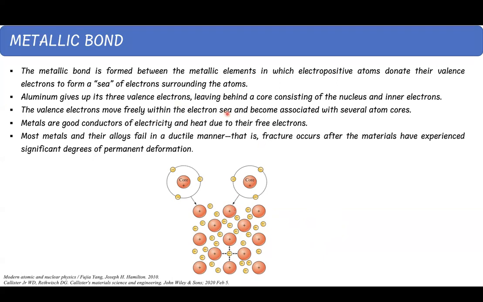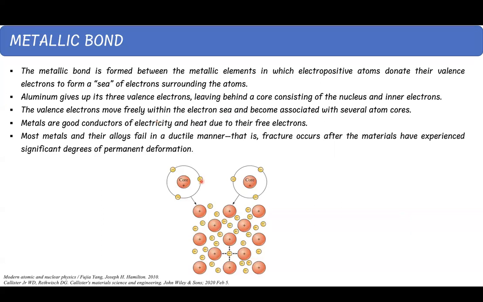Metallic bonds form between metallic elements, in which the atoms become electropositive because all the atoms of these elements are willing to give electrons to all neighboring atoms. So the core is electropositive, and the electrons become a cloud of electrons, a sea of electrons surrounding the atoms.